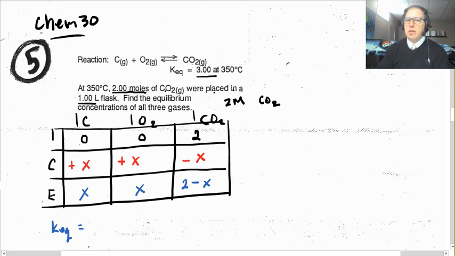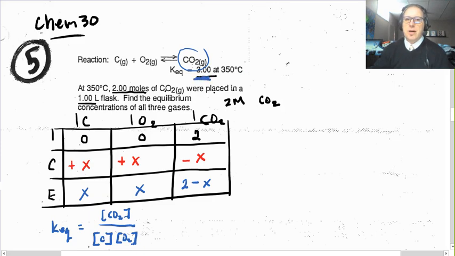So KEQ is going to say this. Remember, we have to have CO2 on top because it is the product. So we're going to have CO2 on top, and underneath we're going to multiply the concentration of C times the concentration of O2. And they're all to the power of 1 because those are the coefficients.